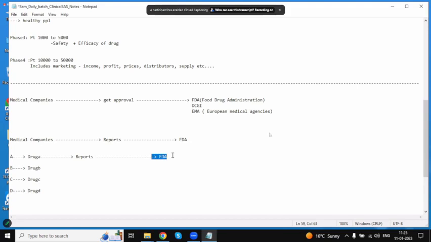Now again, Company B came. Company B also did the same. They developed some drug B, completed all the clinical trials, and generated the reports in their own company format, the Company B format. So again it reached the FDA.